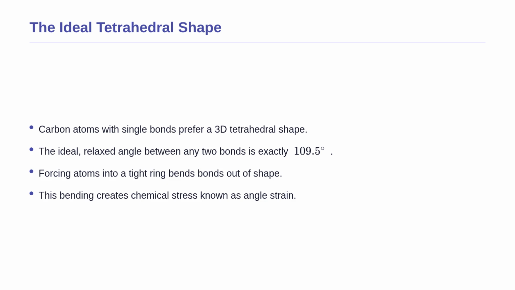However, when carbon atoms are forced to join together into a tight, small ring, their bonds are bent away from this comfortable angle. The electrons in the bonds repel each other strongly. This bending creates a built-up tension that we call angle strain. The greater this strain, the more unstable and reactive the molecule becomes.